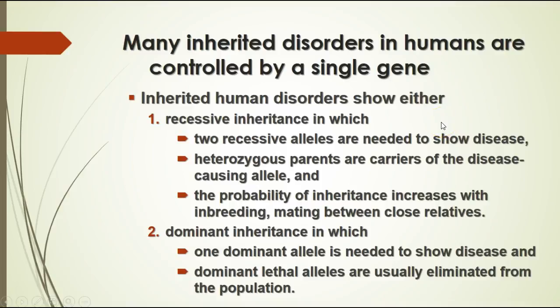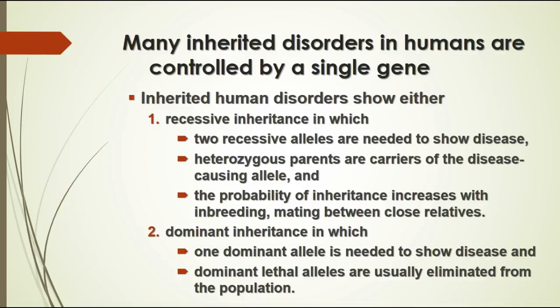In humans, there are a lot of inherited disorders that are controlled by single genes, and there are two different kinds of inheritance of those disorders. The recessive inheritance is going to require two recessive alleles to show the disease.